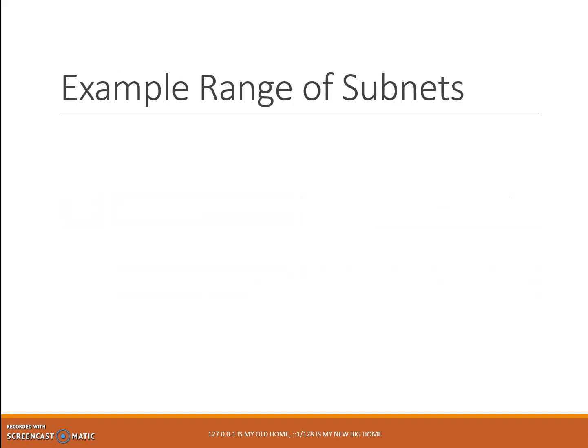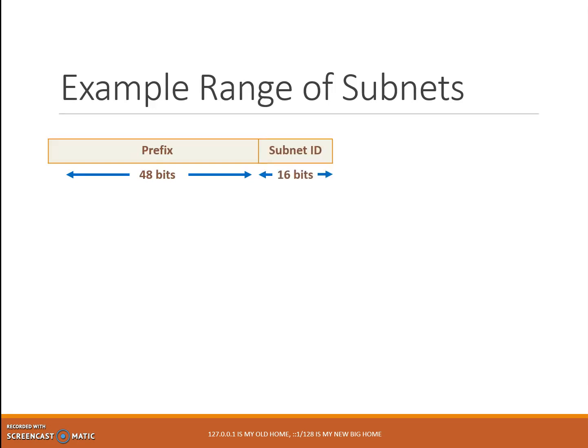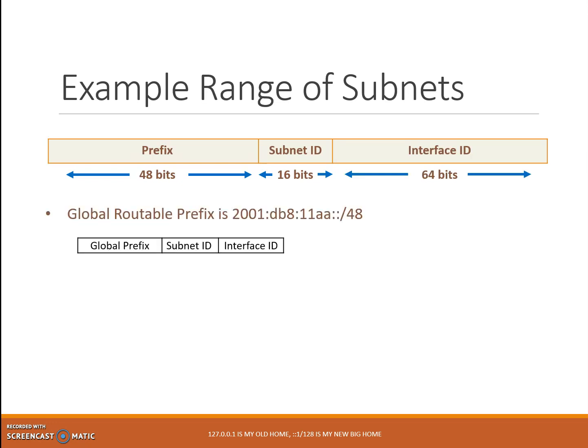Let us get back to the usual IPv6 structure to explain how the subnets will be numbered. The typical structure is 48 bits for the prefix, 16 bits for the subnet ID, and 64 bits for the interface ID. Suppose that we get this routable prefix 2001:db8:11AA::/48 from the provider.